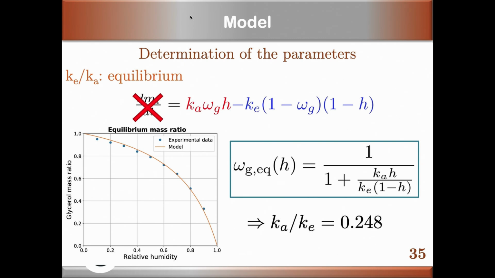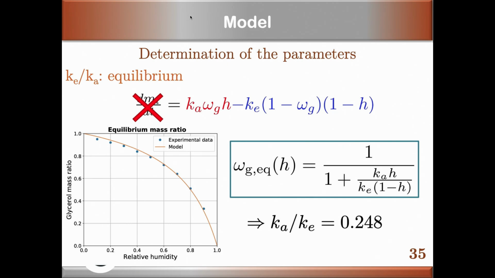And the point is that this is very well known, so you can find it anywhere. You have some nice points here that tell you, as a function of the relative humidity, how much glycerol and water you will have in your solution. This is the data that you get in the literature, and this is the curve that we get with our simple toy model. This is a very simple model.